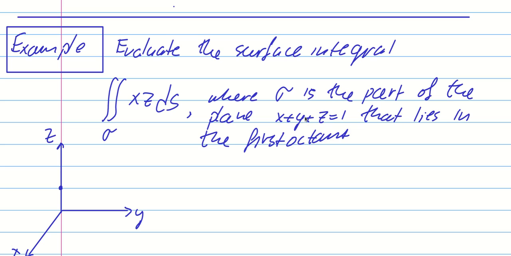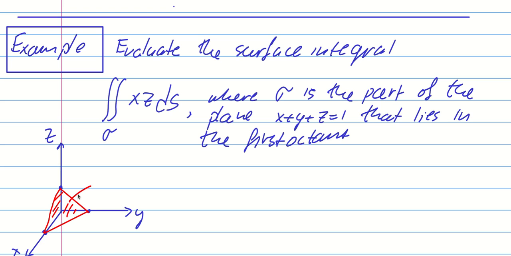If we take y and z equal to 0, x will be equal to 1, and similarly, y also going to be equal to 1. So we have this inclined plane, and we're doing the integral on this plane.